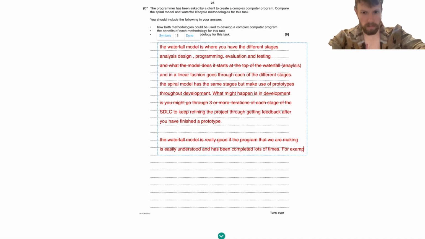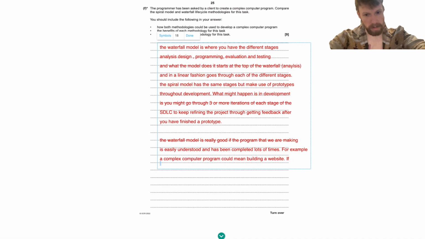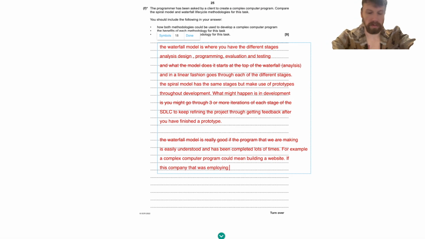For example, a complex computer program could mean building a website. If this company, that was using this model, had completed similar projects before, it is going to be the most cost effective.